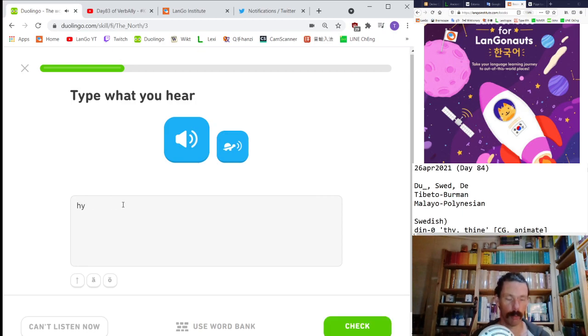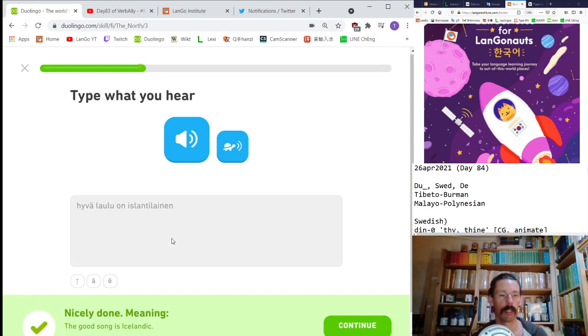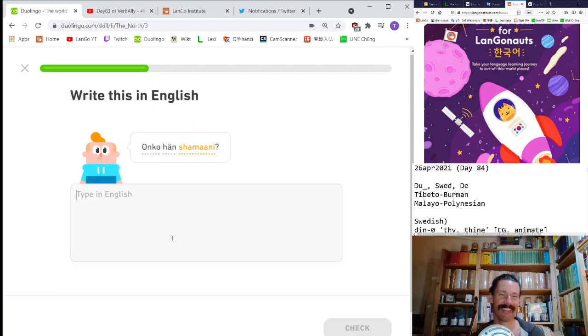Hyvä. Pointing word, I think, right? This laulu, song. Hyvä laulu on islantilainen. Islantilainen, from Iceland, Icelandic. The good song, hyvä. Hyvä laulu. The good song is Icelandic.